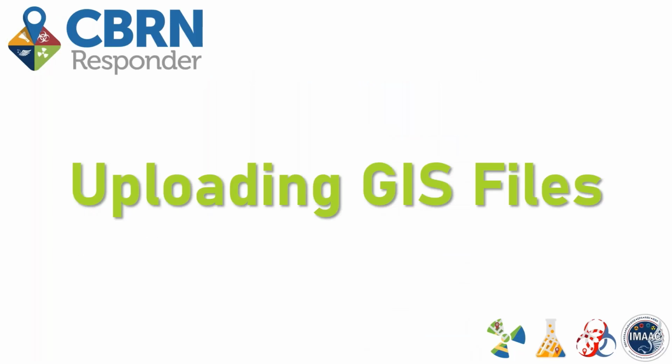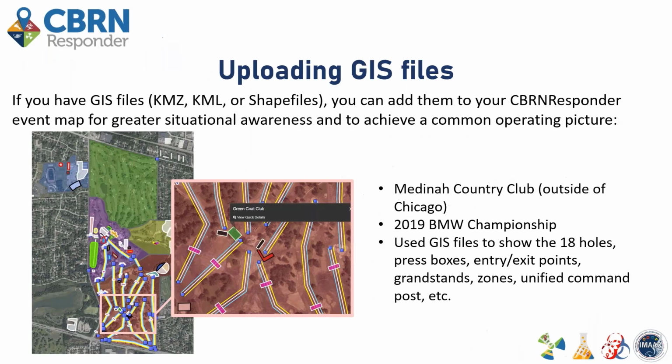Uploading GIS files is another thing you can do ahead of time for your special events that will help provide a common operating picture. If you have GIS files, either KMZ, KML, or shapefiles, you can add them to your CBRNResponder event map for greater situational awareness. This is an example from the 2019 BMW Championship at the Medina Country Club outside of Chicago.